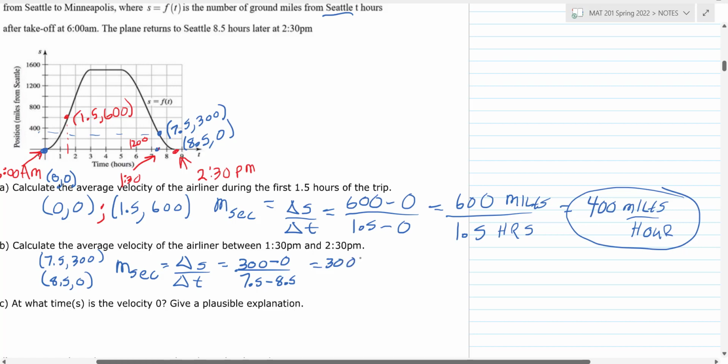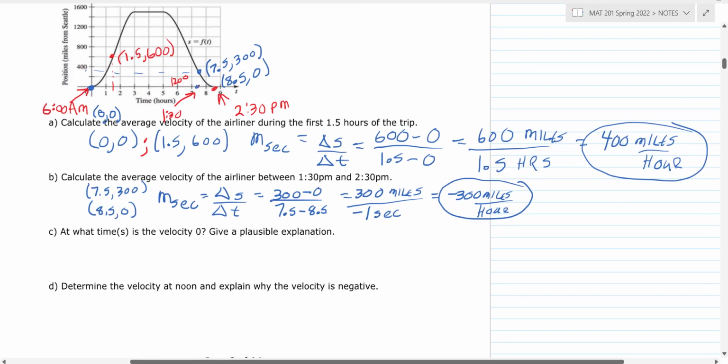So this is a displacement of 300 miles, and then that was -1 hours. That's just a negative number. Time is not negative, but you're going to get a negative slope out of this. So you basically get -300 miles per hour, which is going to be your average rate of change or your average velocity on that time period.